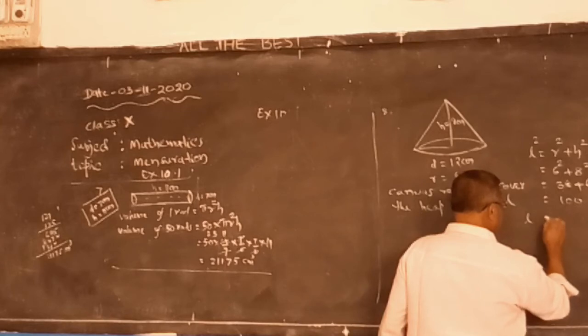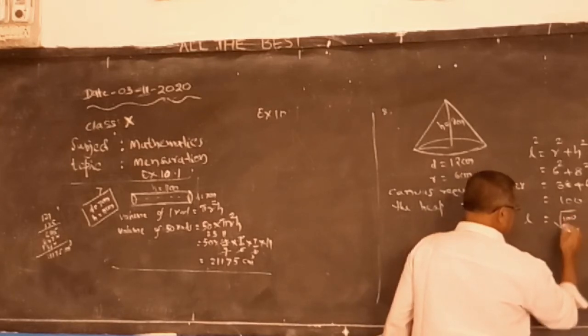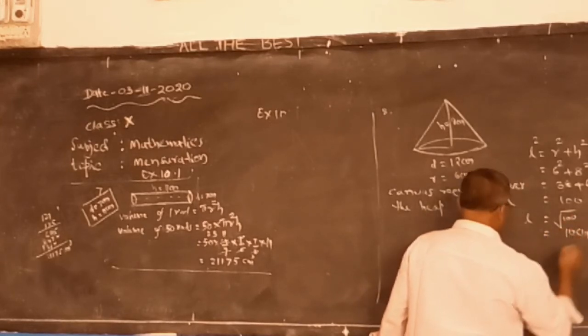L is equal to under root 100, that is 10.